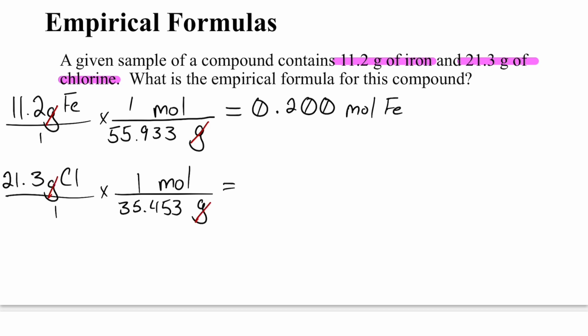Units of grams cancel, and 21.3 divided by 35.453 gives us the answer of 0.601 moles of chlorine.